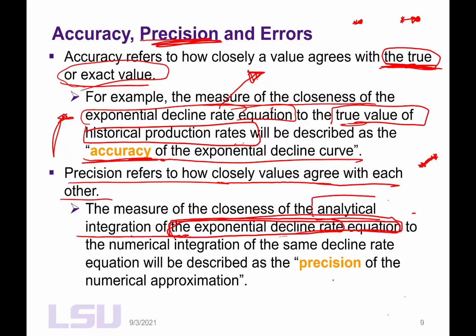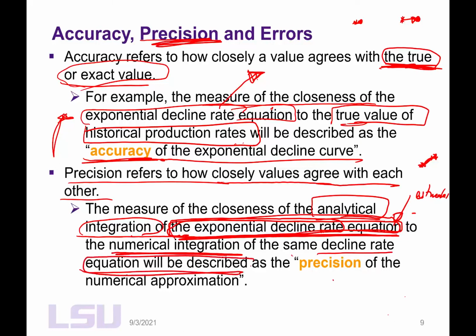So even though you are using an exact integration, the model is fundamentally approximate. So this is an estimate, estimate 1. The second estimate, you're using numerical integration of the same decline rate equation, right? That's another estimate. It's not the true value. Neither of these two are the true values, and that's why it's precision.